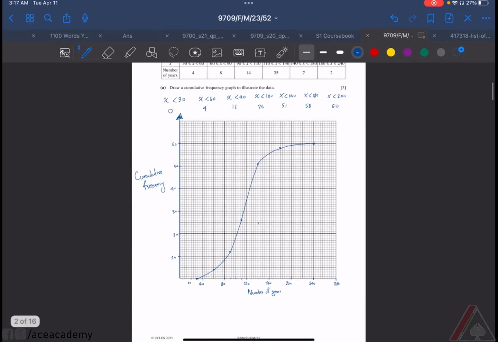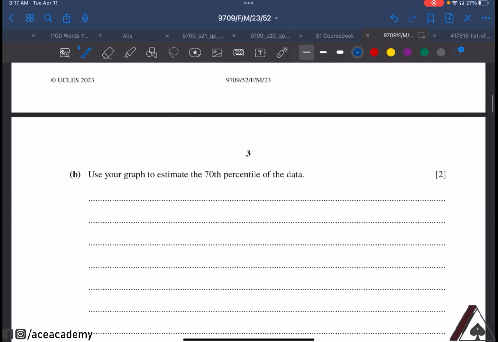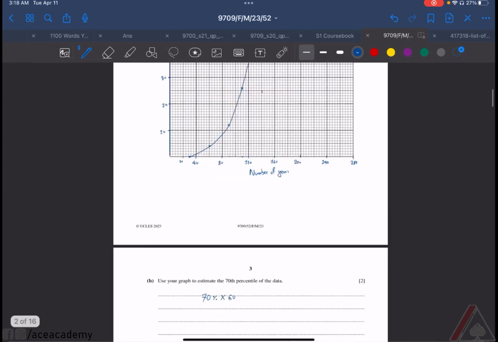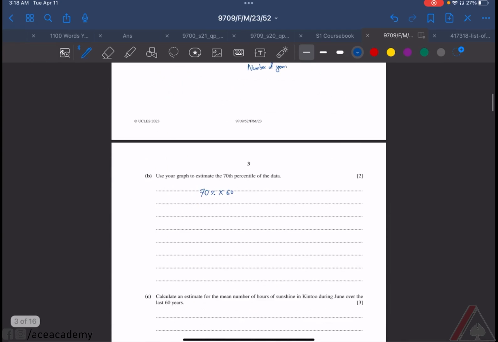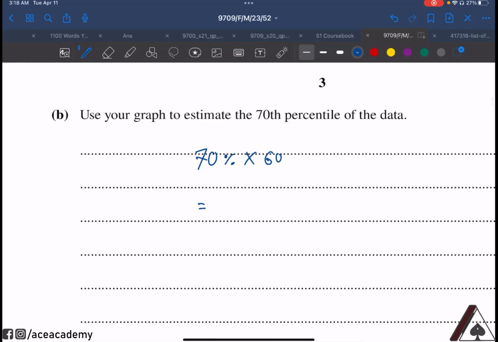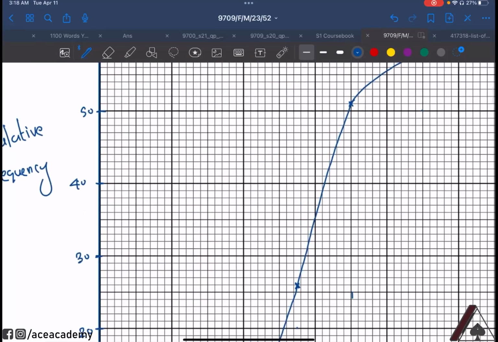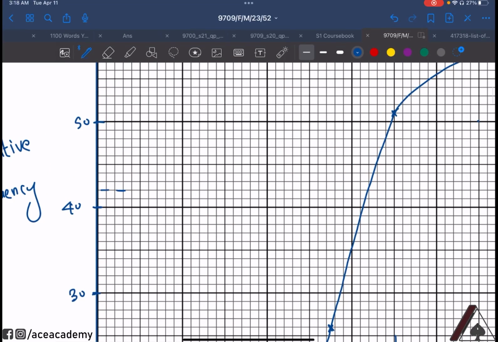Now moving on to the next question, which is use your graph to estimate the 70th percentile of this data. Okay, so 70% into 60, which is the total frequency. So 70% into 60 will give us 42. So on the y-axis, let's look for 42.